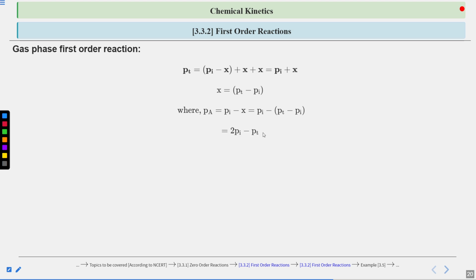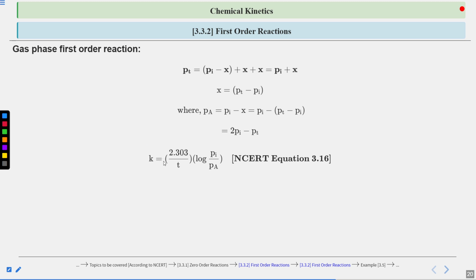So we find the x value, the amount of pressure decreasing for the reactant A and increasing for the products B and C at some time t. We get x as P total minus P initial. Then the pressure at time t of A is Pi minus x, and putting in the value of x we derived, we finally find the pressure of A, that is 2P initial minus P total.